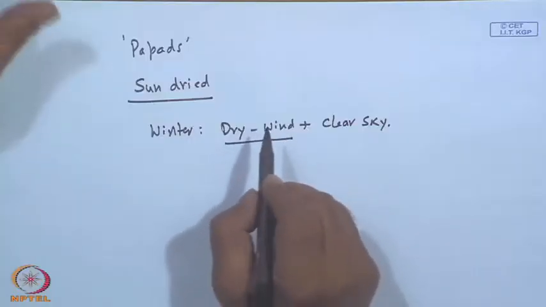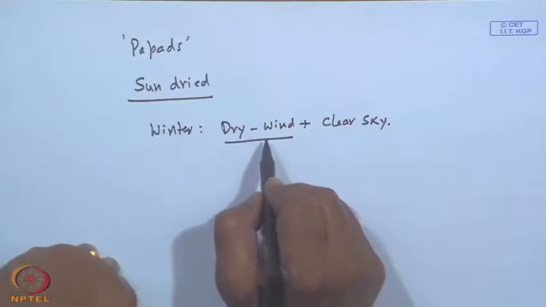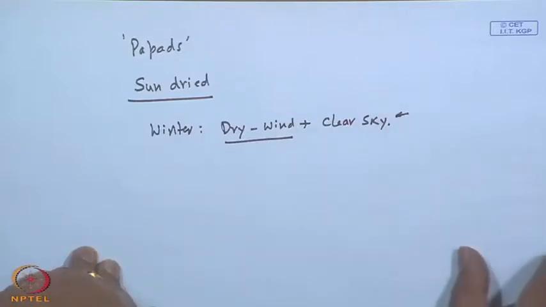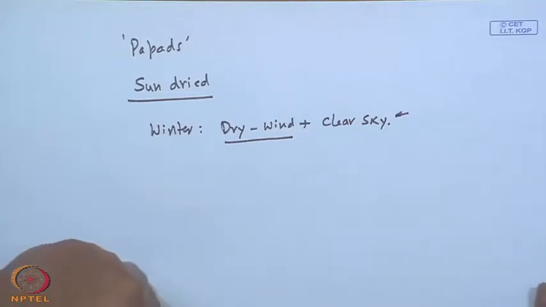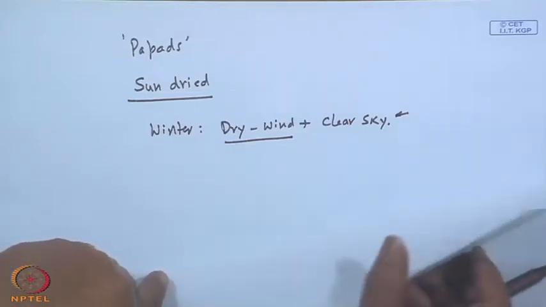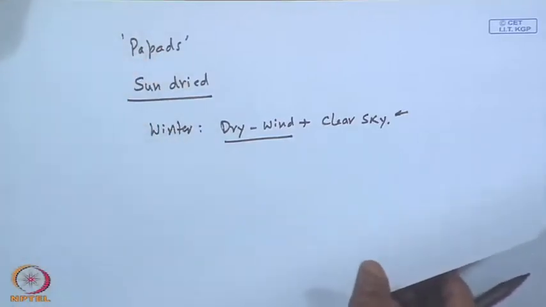Almost the standard deviation is absent. So, you can have pretty clear skies and dry wind. When there is mass transfer control, drying will be much better with a dry wind, in addition to having a clear sky. And of course, drying of clothes etc. is a passive application of solar energy.